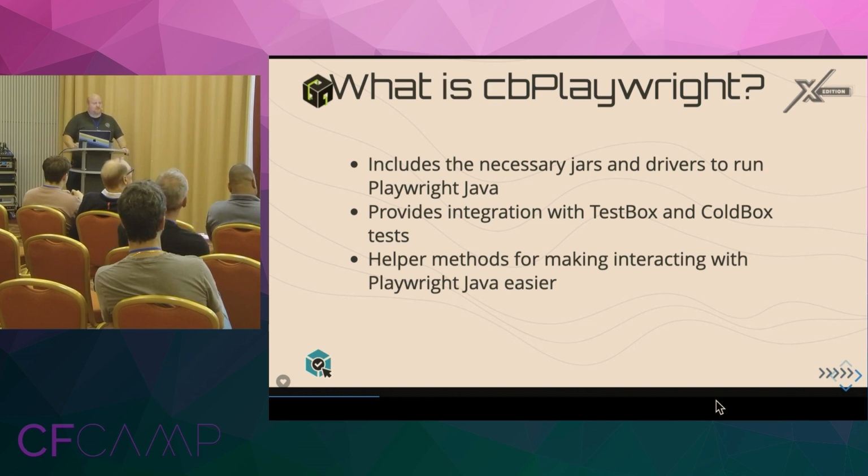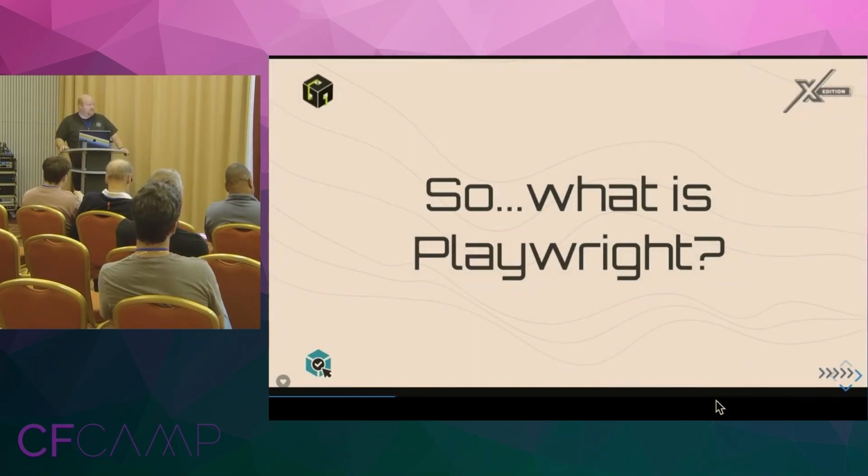If you are just using TestBox or you haven't done any testing, you'll be able to get started with this in your application. And there are lots of helper methods for making interacting with the Java library easy. Playwright Java is a big fan of option builder objects, which are less fun to do in plain CFML. So we make that a little bit easier.